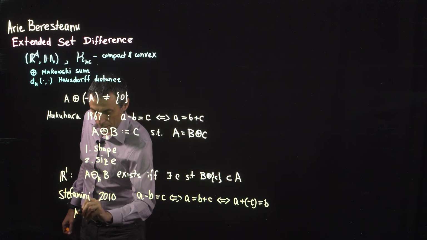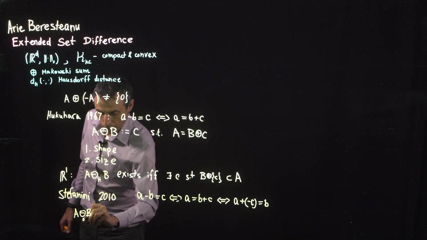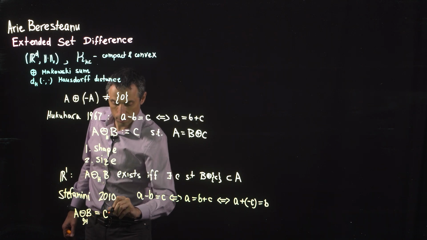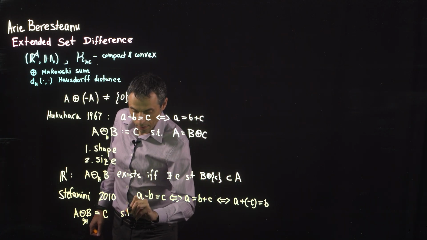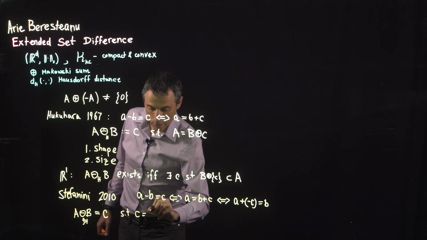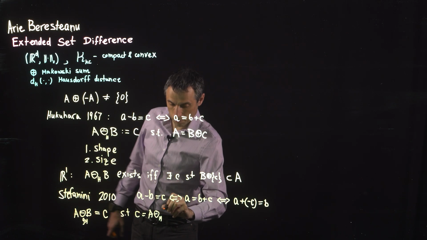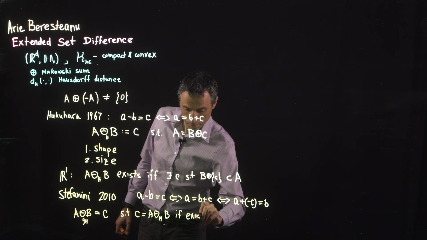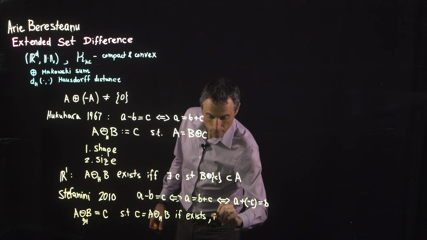So he says A minus B, generalized Okuhara, is equal to C, such that C is equal to the A minus Okuhara, the original one, B, if it exists.